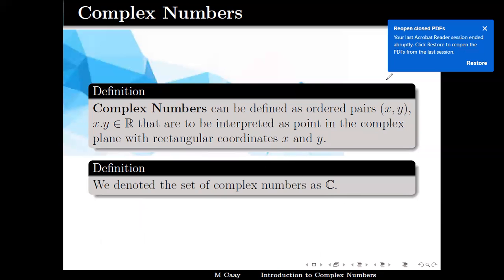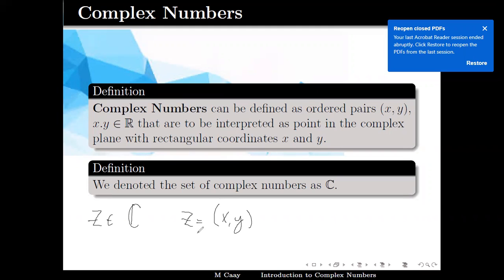Now, if we denote this z here as an element of the set of complex numbers, it is customary to write z equals (x, y). So this is the value with rectangular interpretation, corresponding to the x-axis, and this is for the y-axis.